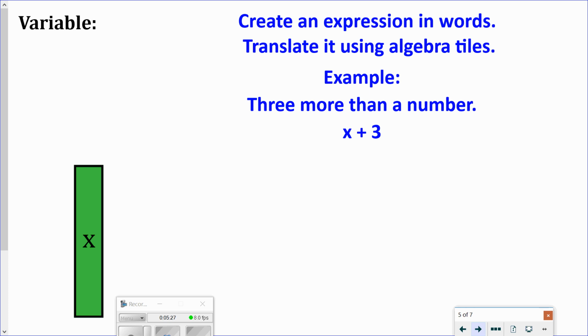Here we are going to create an expression in words, and translate it using the algebra tiles. So here we have an example, 3 more than a number. So that means x plus 3, because 3 more than means you're going to add 3. So that's why we added 3 to a number we didn't know. So we used the variable x.